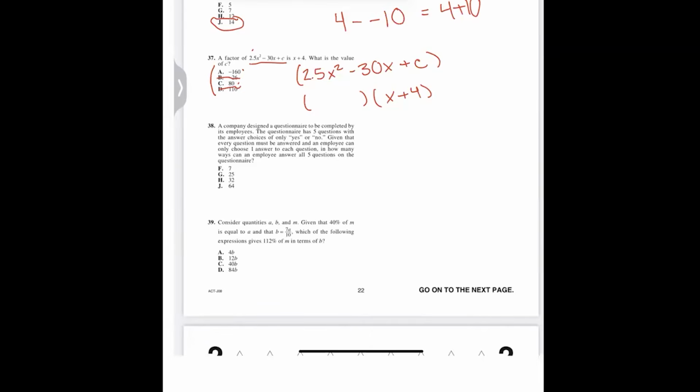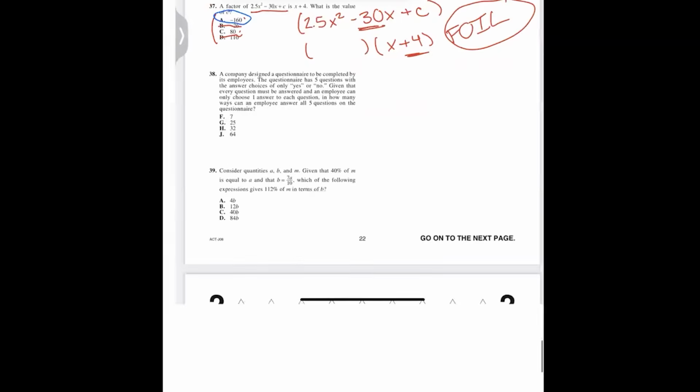So one thing to think about here is now we are stuck between two options only, but here's the big but. We do not have a negative here, and we have a negative here. And if we know foiling, F-O-I-L, really, really well, then we know that we need a negative sign. So on 37, the answer is going to be A.